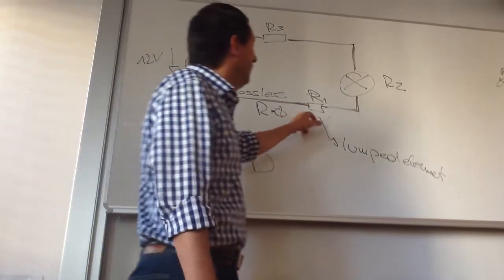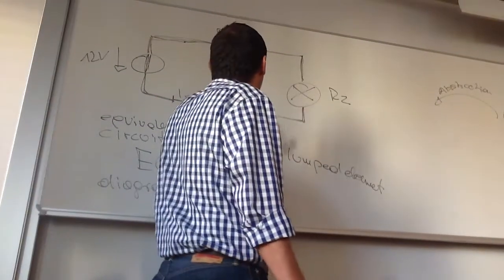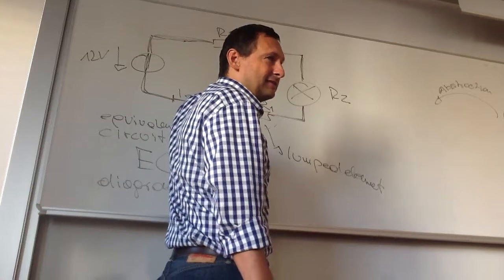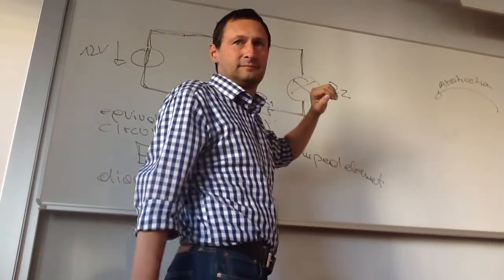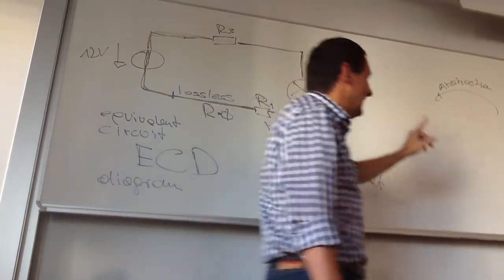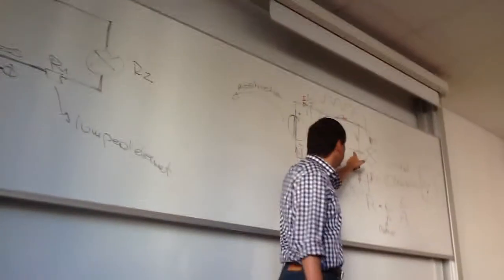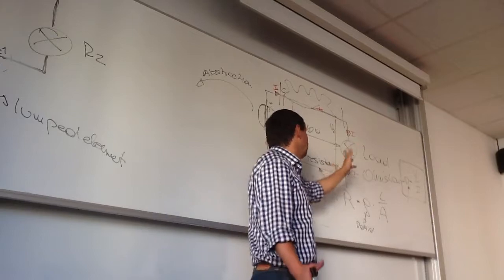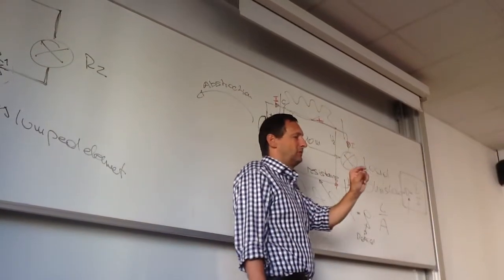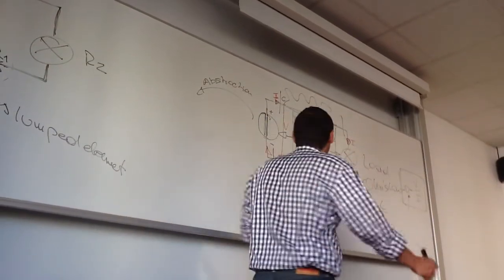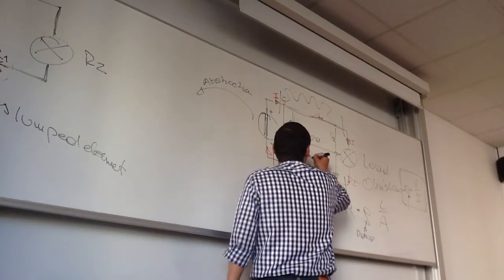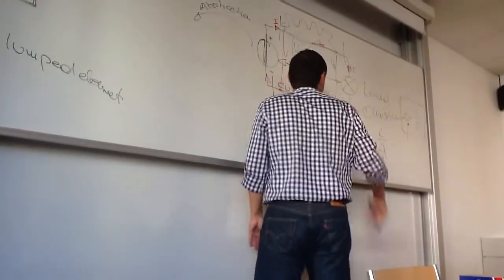What we have to know is the value of our resistances here. So this depends on the physical circuit. If we have 10 meters of a small wire, maybe the cross section is 1 square millimeter.